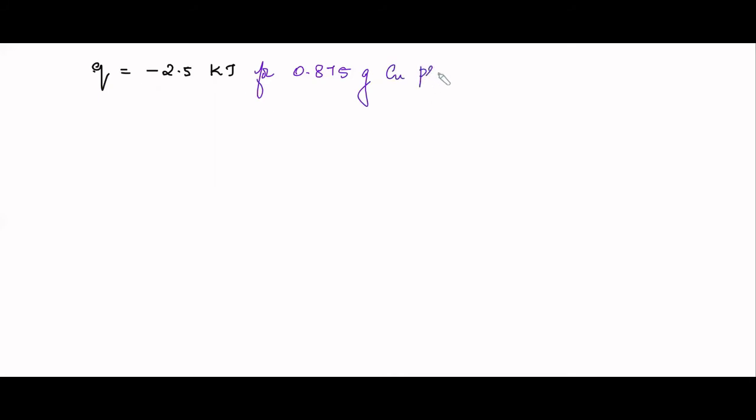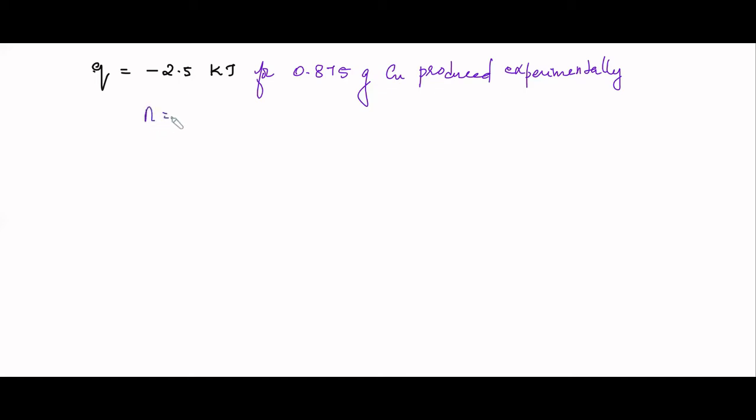Copper produced experimentally. It's not the theoretically calculated value. So now our aim is to find out how many moles of copper has been produced. So we have to convert the mass into moles.